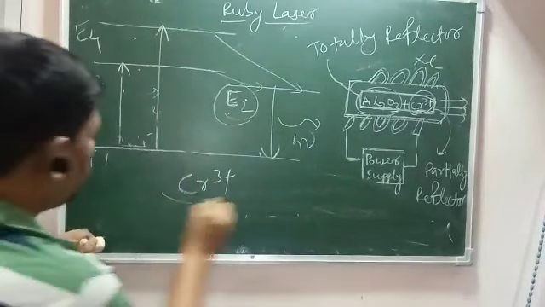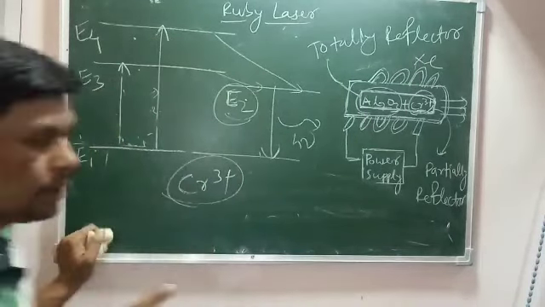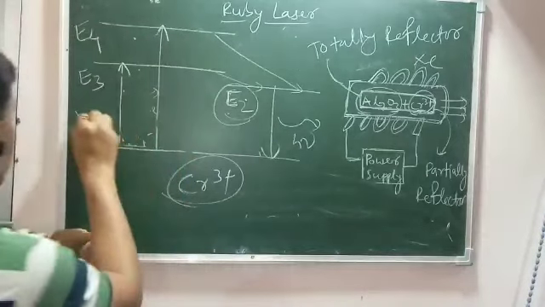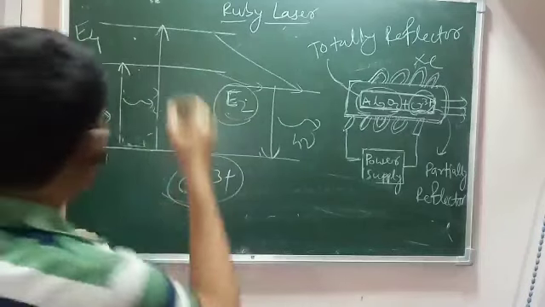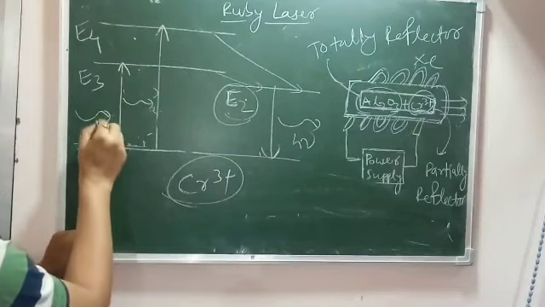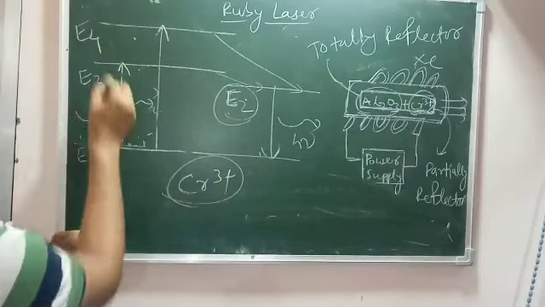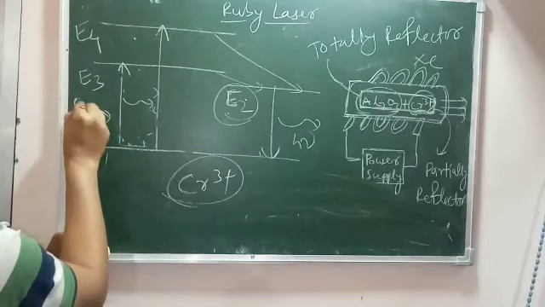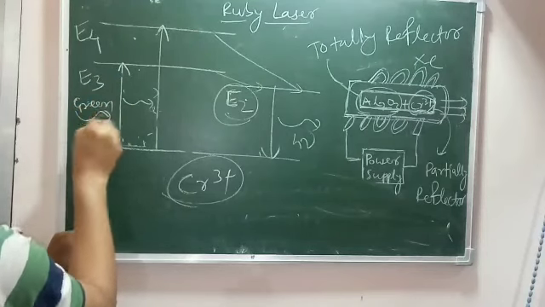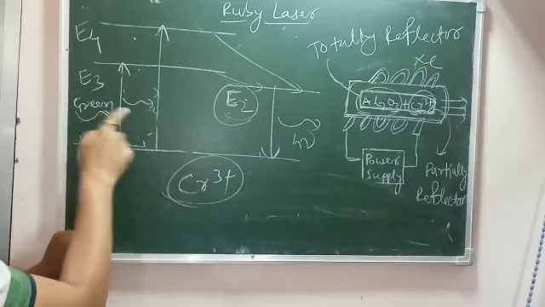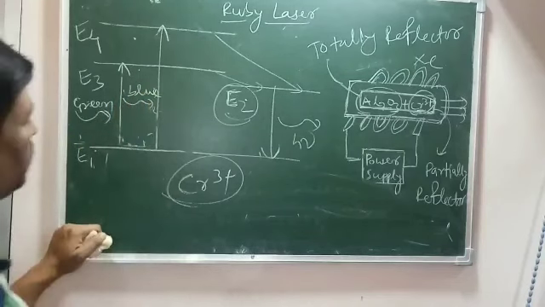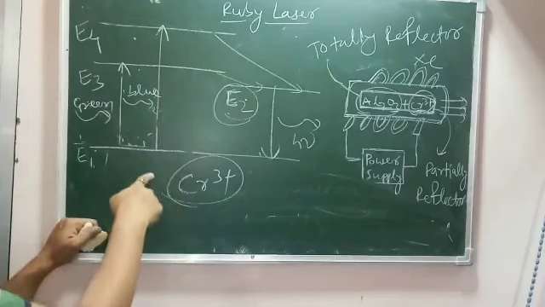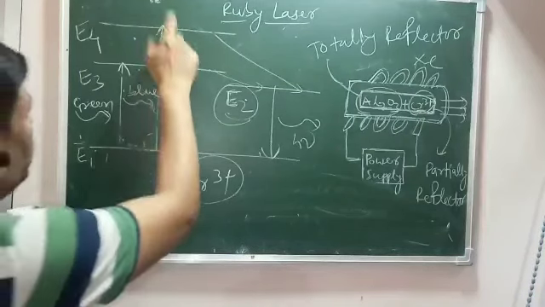The property of chromium ion is that it absorbs only blue and green light, and goes to E3 and E4. Here the transition from E1 to E3 belongs to green light, and it absorbs the blue light. The chromium ion goes from E1 to the E4 state.